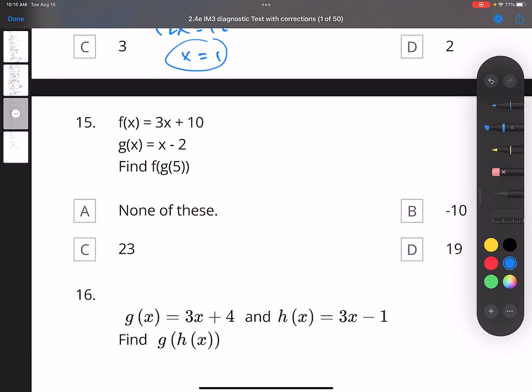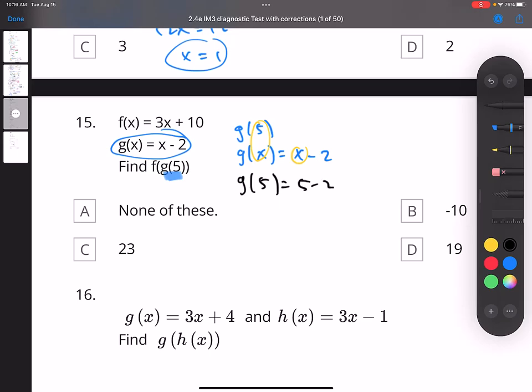Number 15, f of x equals 3x plus 2. In this function notation, you're actually going to start on the inside first. So the first thing we're going to do is find g of 5. What is g of 5? We're going to put it in here. As I showed you before, every x value is going to become 5. So let's do that. That means g of 5 equals 3, an ordered pair, 5 comma 3.